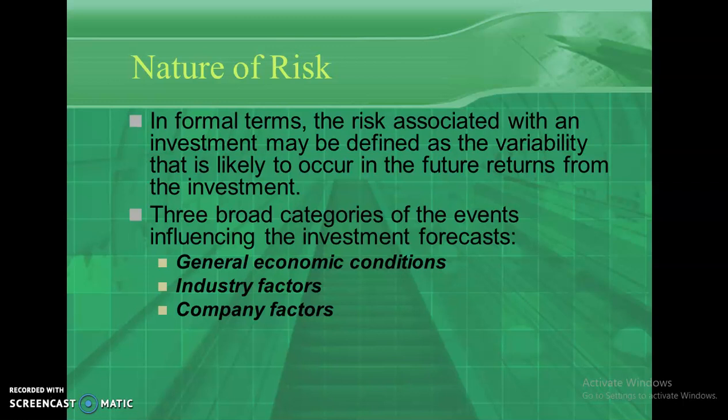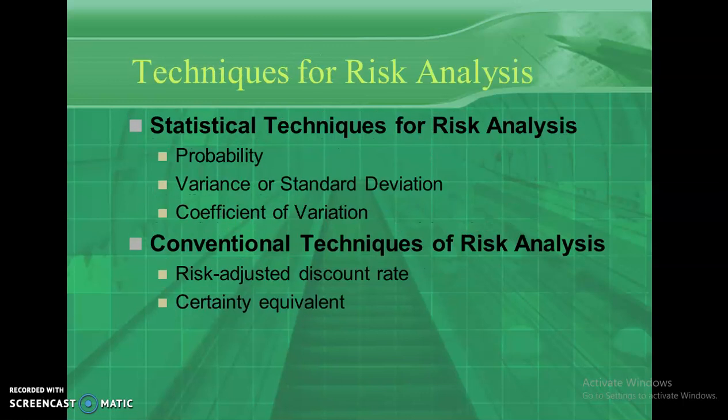Then industry-wide factors, industrial policies, and the life cycle of the industry, which have a lot of influence on the investment forecast. Then company-specific factors, the company's management policies and other company-wide issues. All these will influence the investment forecast.